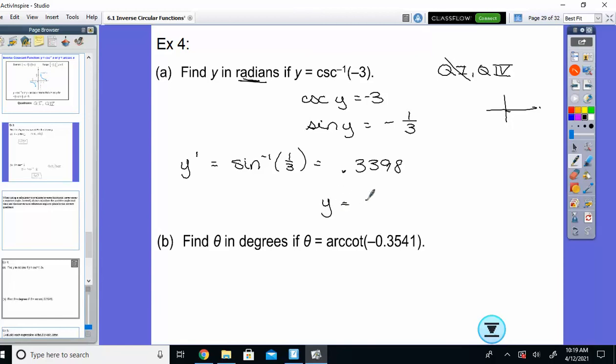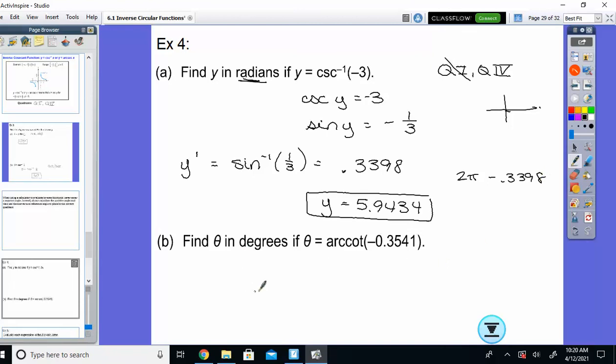And my actual angle is 5.9434. So let's look at B. When you type that in, do you put pi? Yes, it did 2 pi minus that.